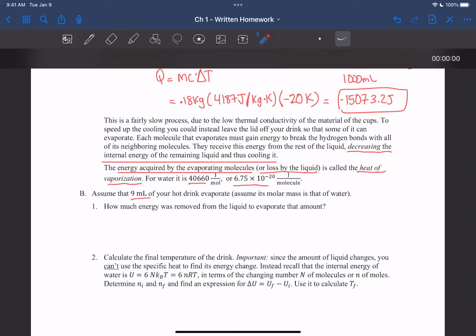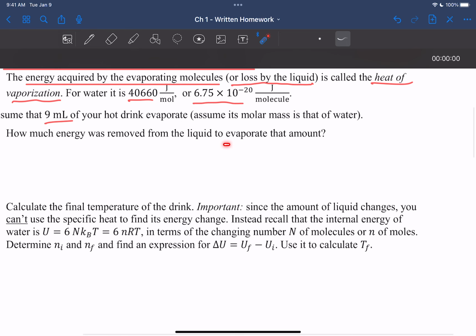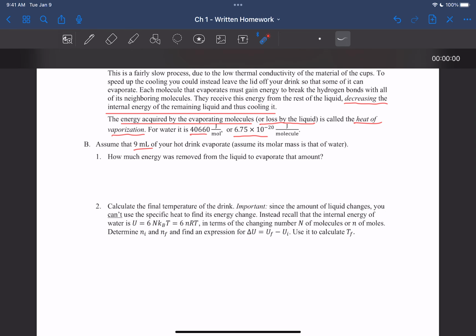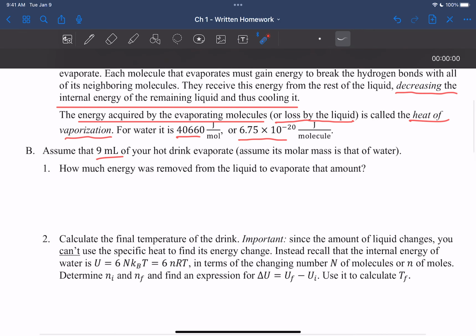Just going from liquid to gas, 9 milliliters was removed without even changing the temperature of the hot drink. So we're looking at how much energy was removed just to evaporate and not change any temperature, just to switch it from liquid to gas. And that's why we would factor in something like this heat of vaporization as opposed to a specific heat capacity.